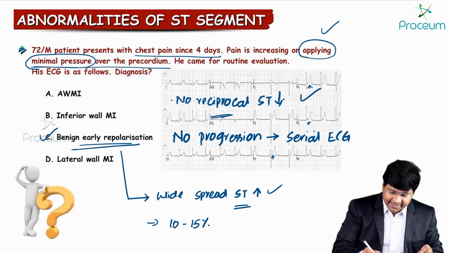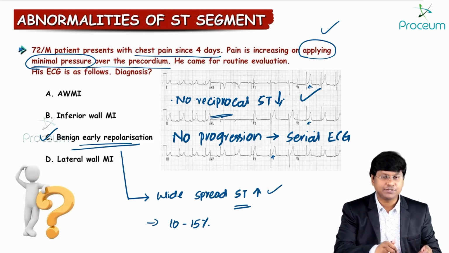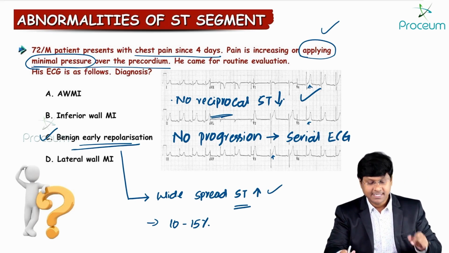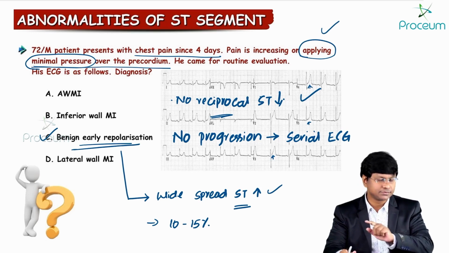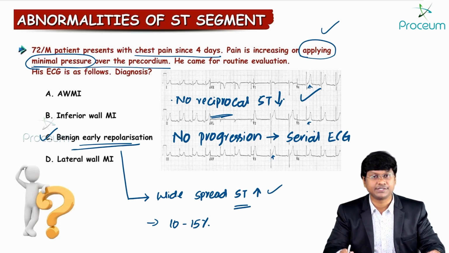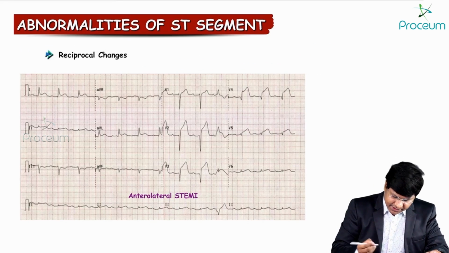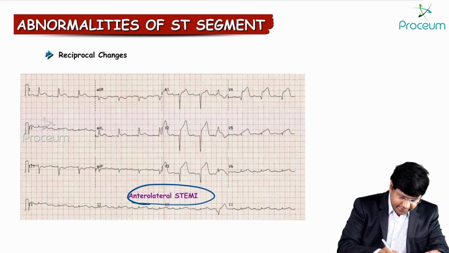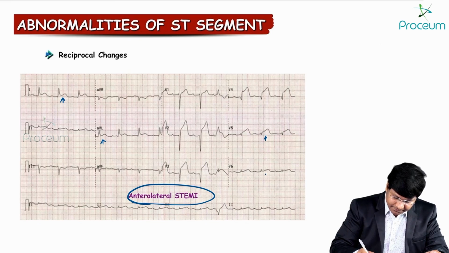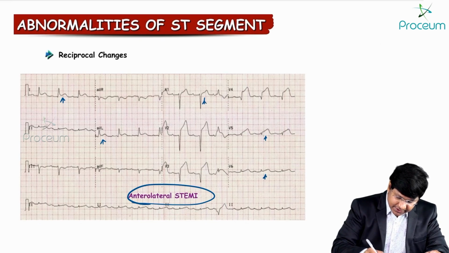Now, what do you understand by this word reciprocal ST depression? I will show you the ECGs of MI now. In benign early repolarization, you will not have reciprocal changes. Whereas, in case of this ECG, it is an ECG of anterolateral MI, where you can have the ST segment elevation in the lateral leads as well as the anterior leads.